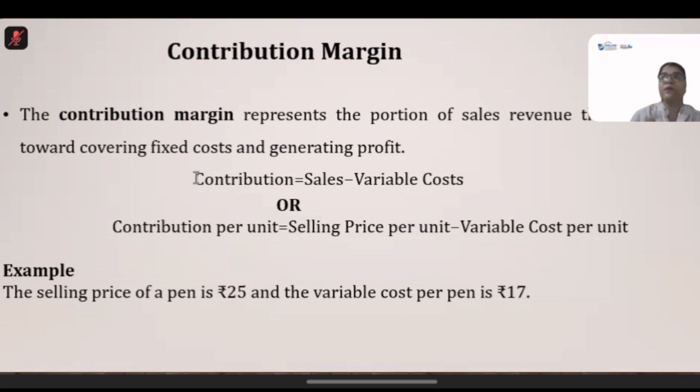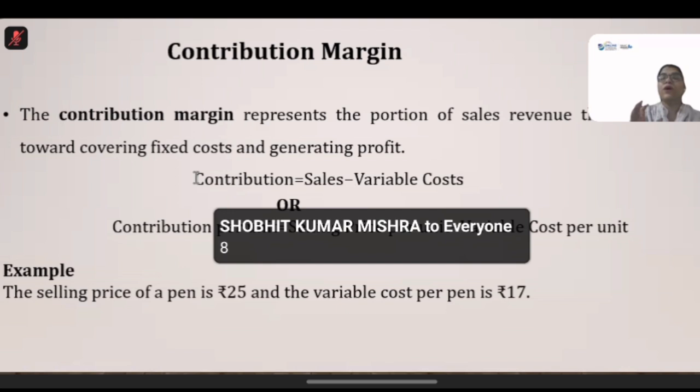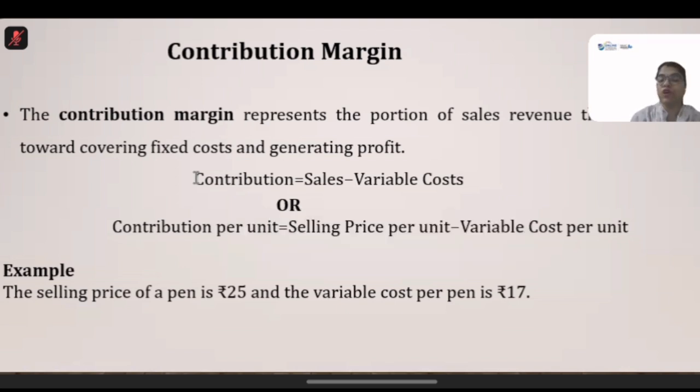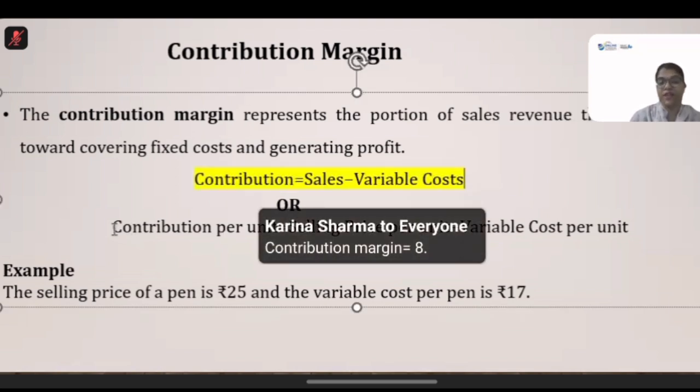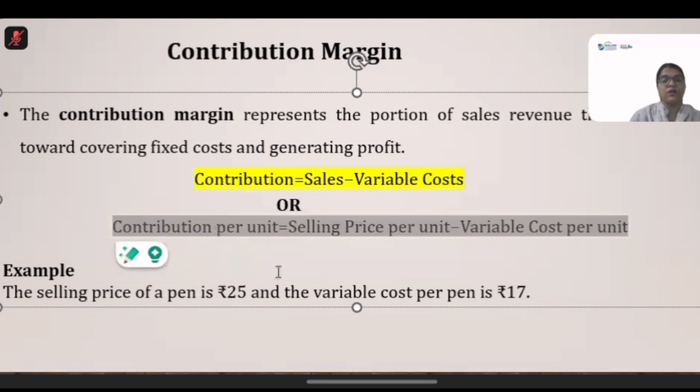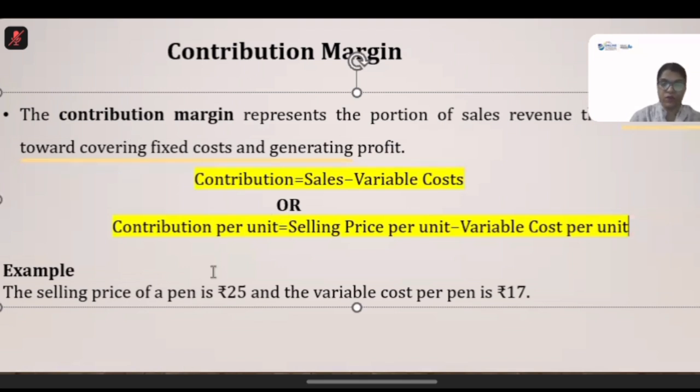See, in this chapter, in this unit, there are formulas. So you have to remember the formulas. Otherwise, you won't be able to solve the sums. Okay? If you know the formulas, you can easily solve the sum. Now, the formula for contribution is sales minus variable cost, or selling price per unit minus variable cost per unit. Okay? Clear?